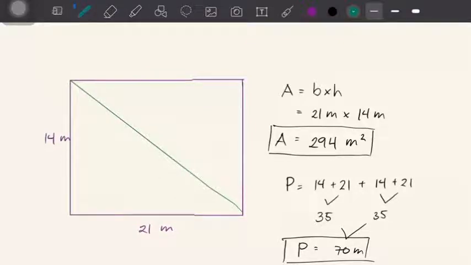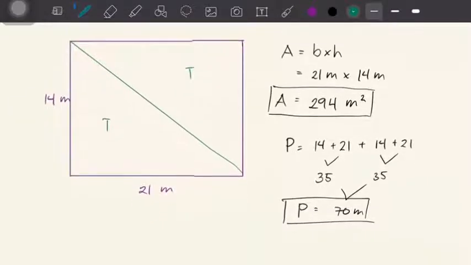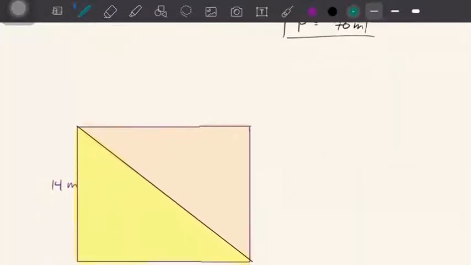So a rectangle cut into two, a square cut into two, basically any quadrilateral, any figure with four sides cut into two diagonally will be making a triangle here and a triangle there. If you would notice, the size of these two triangles are basically the same because they are half of a quadrilateral, and it would look like this.